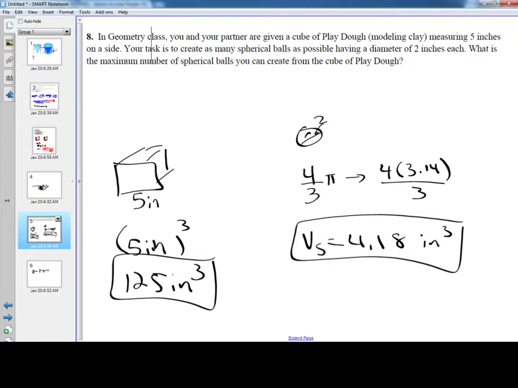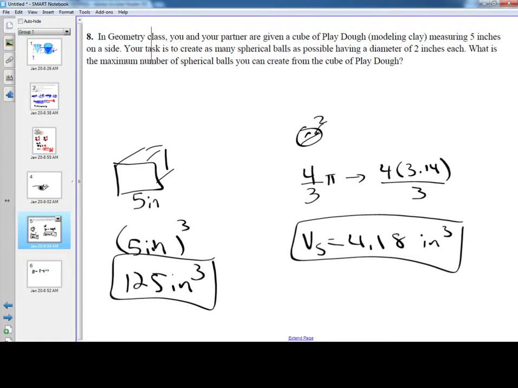So here's the deal. I know that the cube of Play-Doh is 125 inches cubed. One sphere takes 4.18 inches cubed. How many of these can I make? What type of problem is this now? Division. Divide it. Boom, 29 of them.